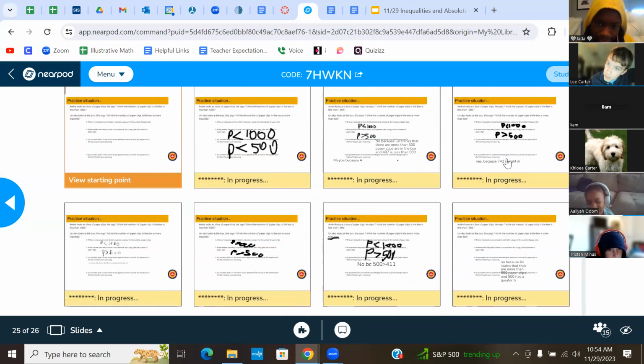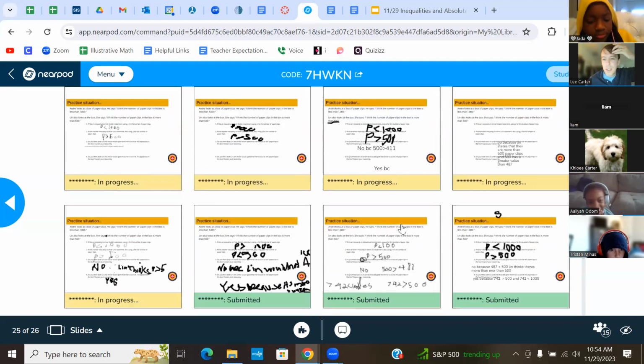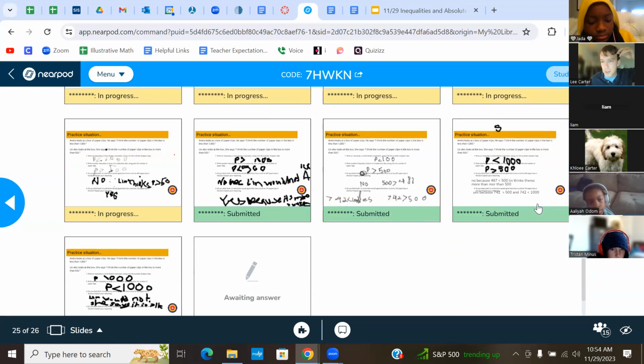let's see. I see something good coming here. Let's see what we got. I see a yes, because 742 is right in the middle, okay, of their guesses. Yeah, so it's in the zone between their guesses, right?